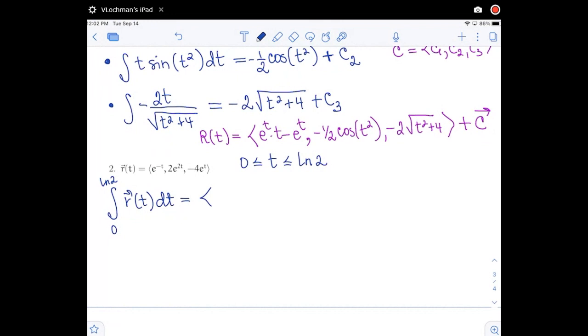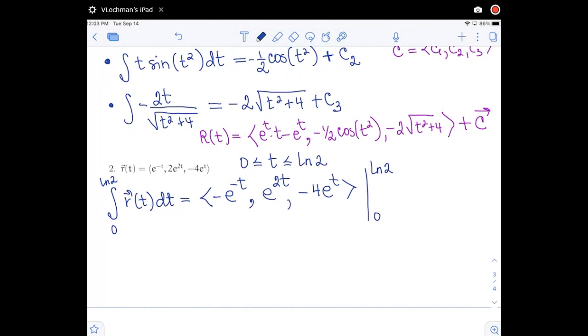So the first one is negative e to the negative t, right? This is just undoing the rules that apply to exponentials. The next one would be just e to the power 2t. And then here we get the same value, negative 4 e to the t. We're going to evaluate this from 0 to natural log of 2.